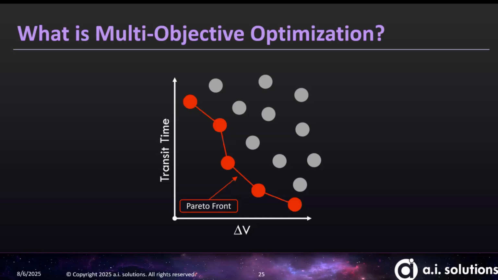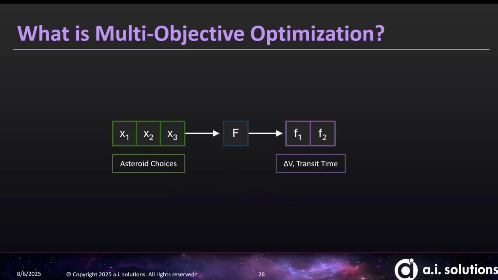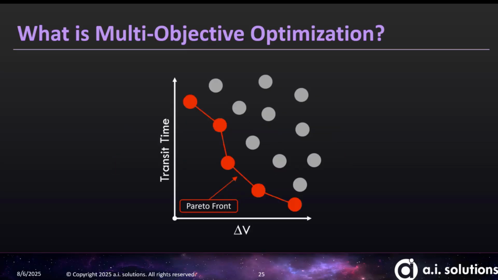What we call that is the Pareto front. In the figure here, you can see that the Pareto front represents the line past which there are no solutions to the left and lower corner of the plot. In other words, there are no solutions that are better in both objectives than any of those solutions in the Pareto front. So they're non-dominated.